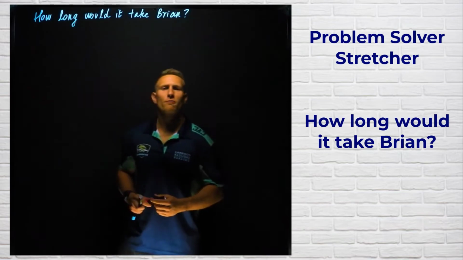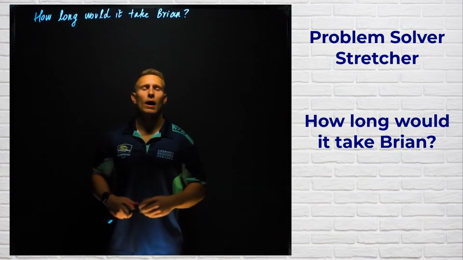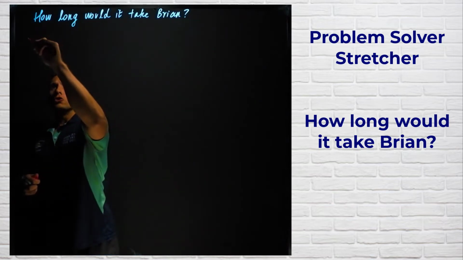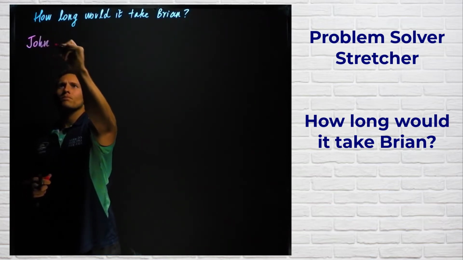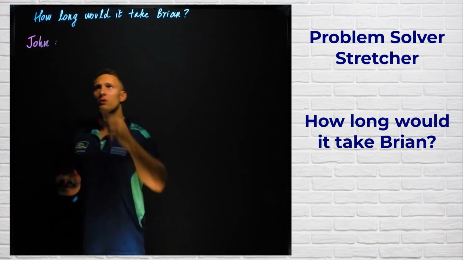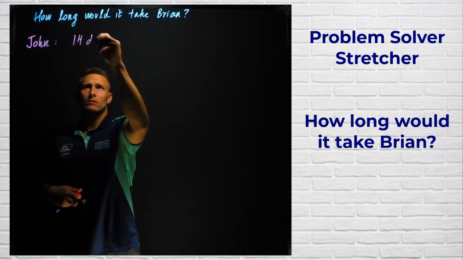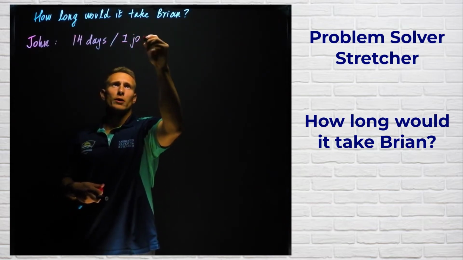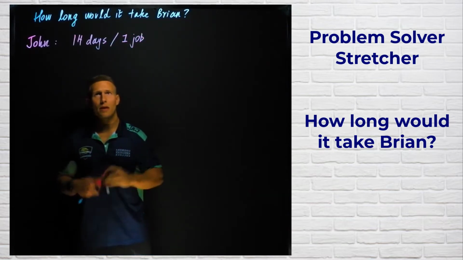Okay guys, so what we need to do first is write down the information that's been given to us. So we know that John takes 14 days per one job. Okay, so it takes him 14 days to complete one job.